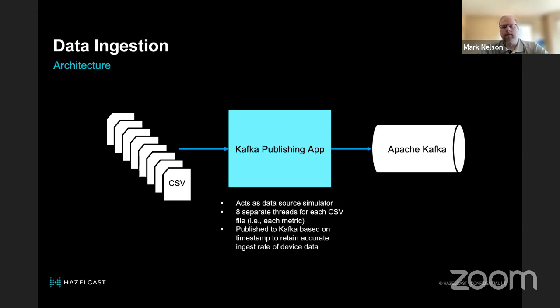We were going to send information every second over a 24-hour period. We were trying to demonstrate that we can ingest millions of records from various data streams. That's a lot of information that we're ingesting into the system.